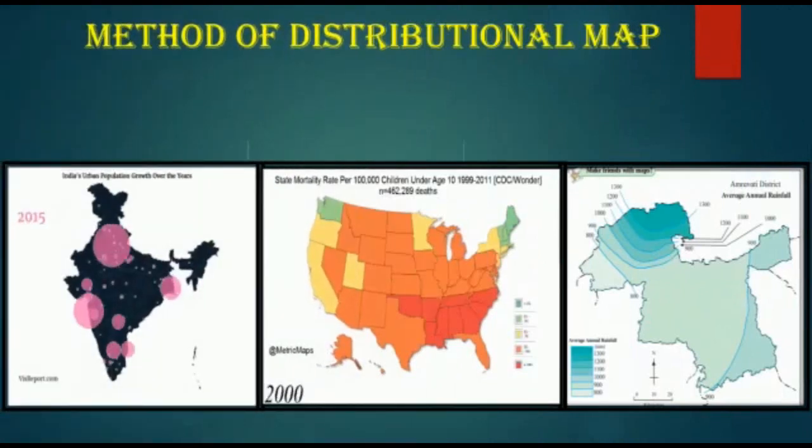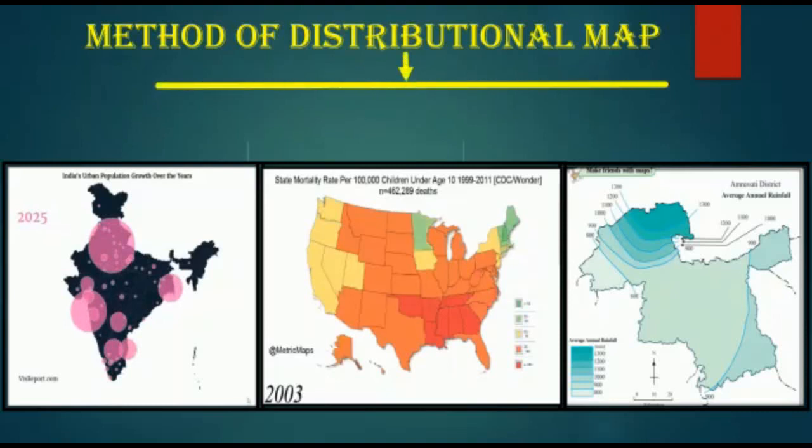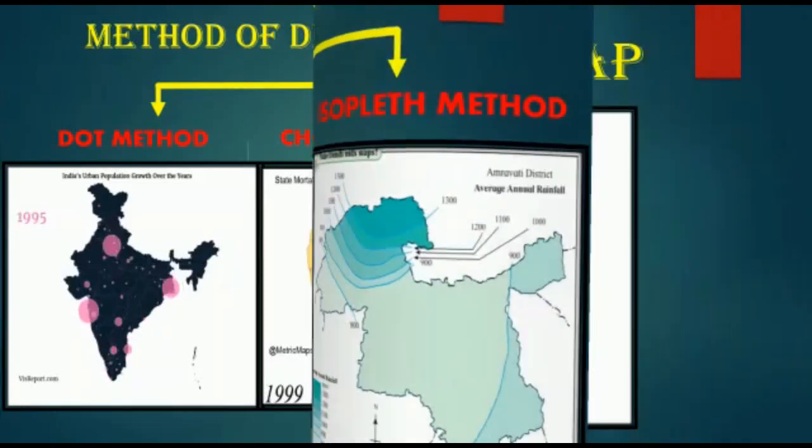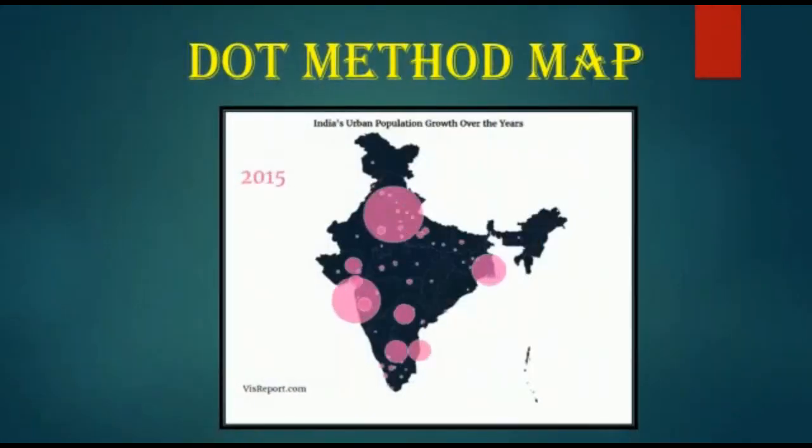Method of distributional map. Distribution can be shown in the three following ways on a map. They are dot method, choropleth method and isophleth method. Let's start with the dot method map. A dot method is a type of thematic map that uses dots on the map to show the values of one or more numerical data.